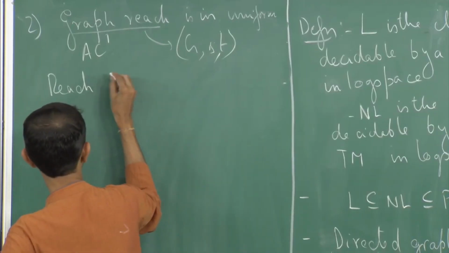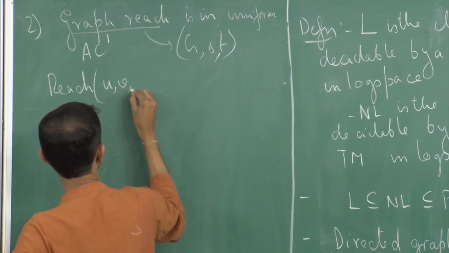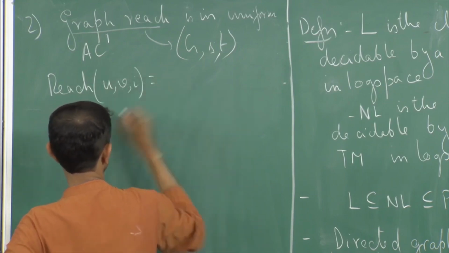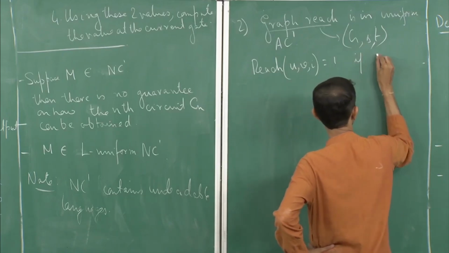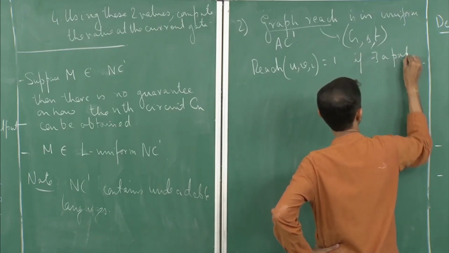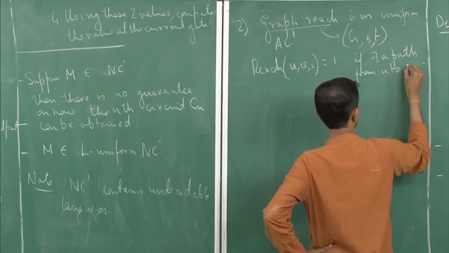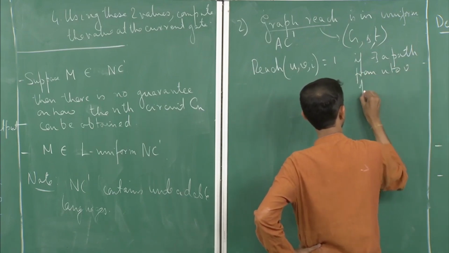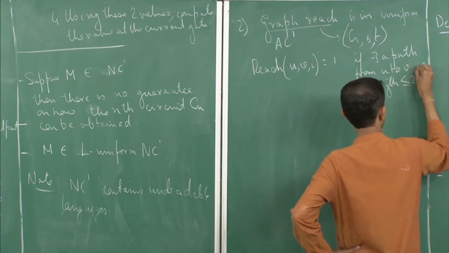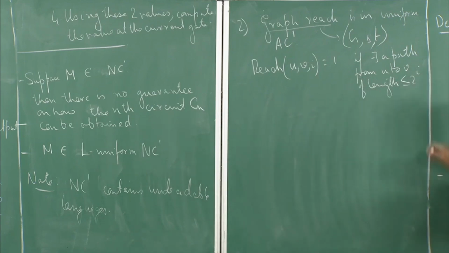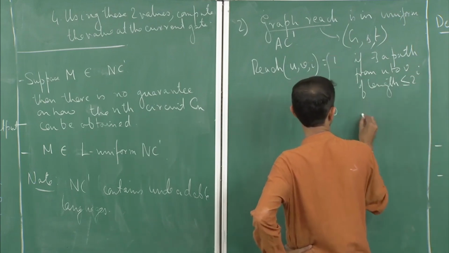So I define a predicate reach U V I. Okay. So this is equal to 1 if there exists a path from U to V of length at most 2 to the power I, and it is equal to 0 otherwise.